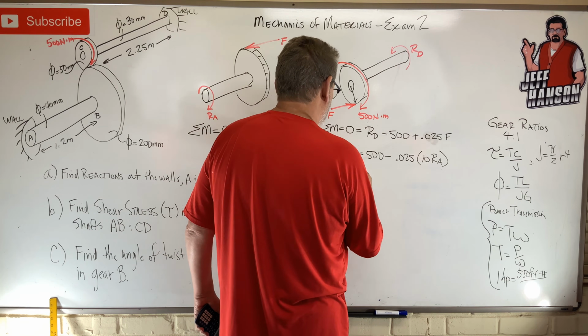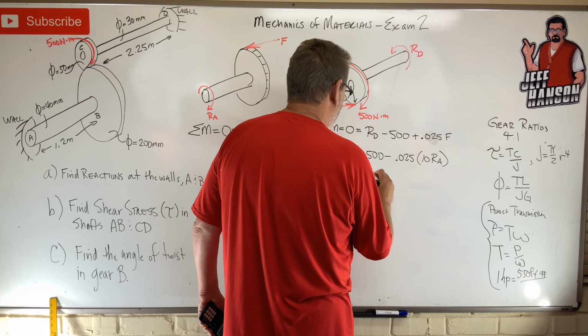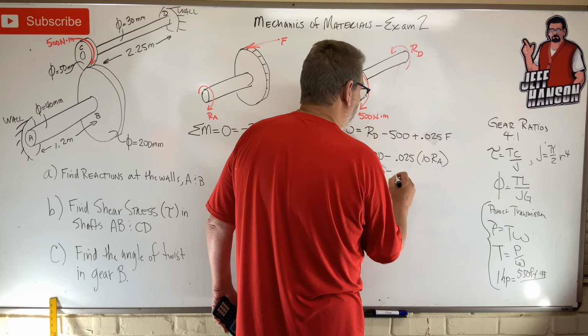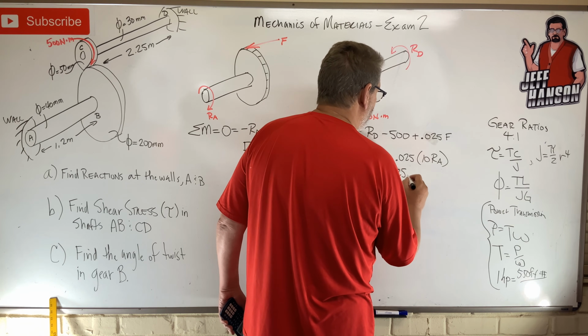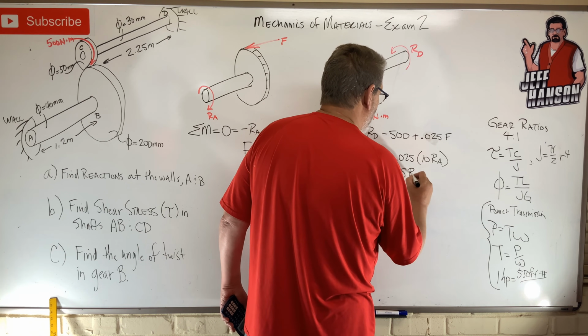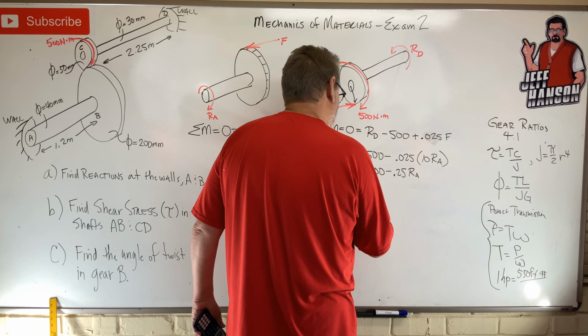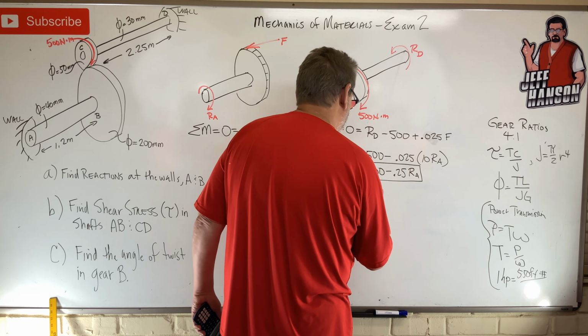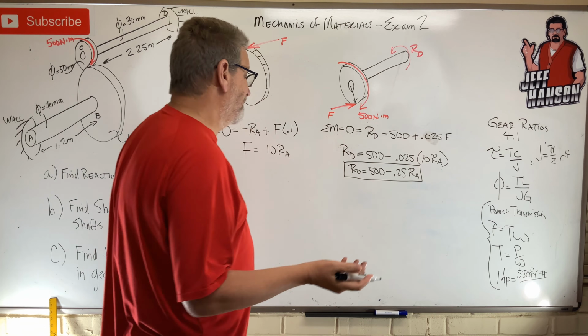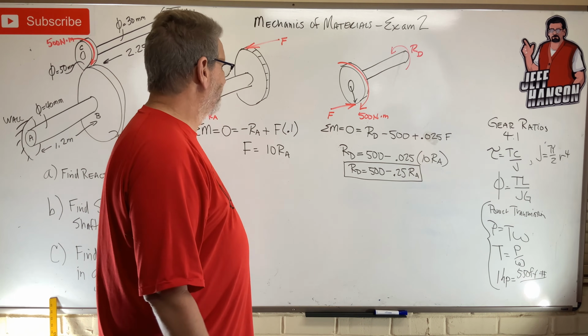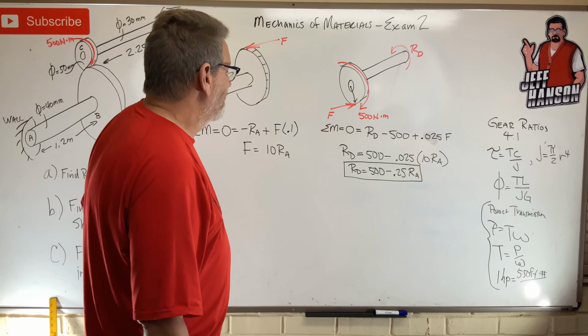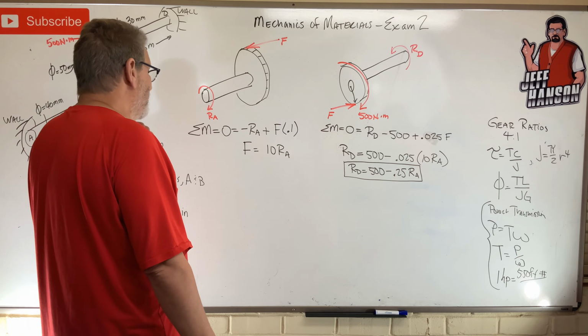RD is equal to 500 minus 10 times 0.025, which is just 0.25 RA. So there is a relationship between RA and RD. That doesn't help at all. Well, shoot. Maybe this will help.